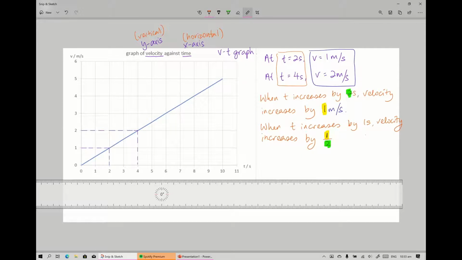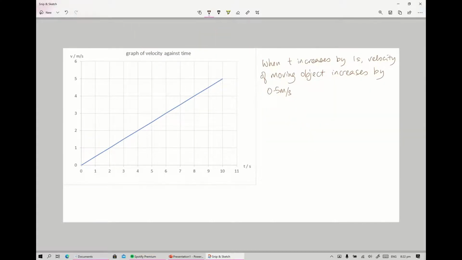Right, using the proportion method, we'll figure it out. When time increases by 1 second, velocity increases by 0.5 meters per second. Okay, so we have already established when t increases by 1 second, velocity of the moving object increases by 0.5 meters per second. Now, how do we describe this graph more accurately?